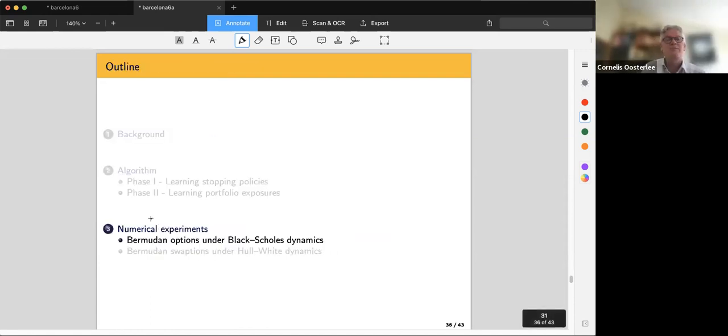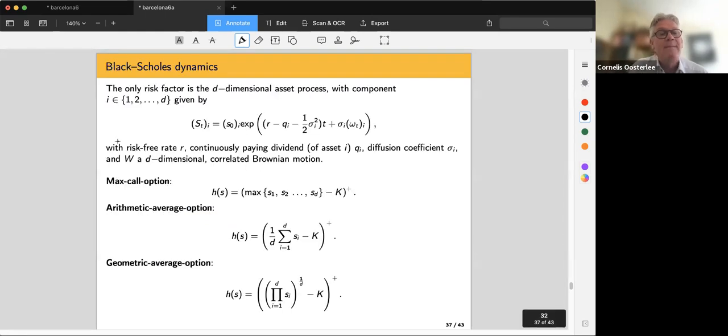Okay, two numerical experiments to finish these 10 hours of lectures. I'll start with the Bermudan option on the Black-Scholes dynamics. The only risk factor here is the d-dimensional asset price process with components 1, 2 up to d. It's S, the stock under Black-Scholes: S0 e to the power (r minus q minus 1/2 sigma_i squared) t plus sigma_i omega, with q a dividend.